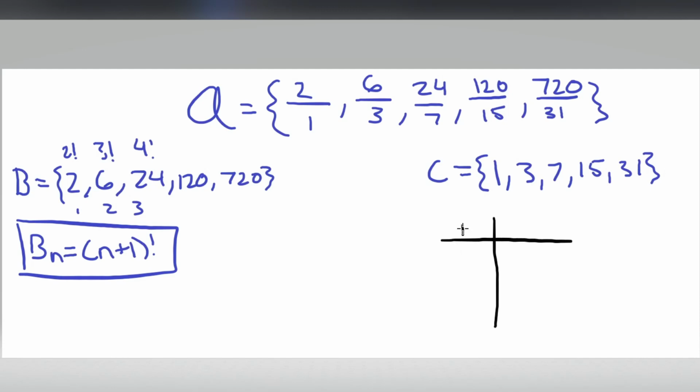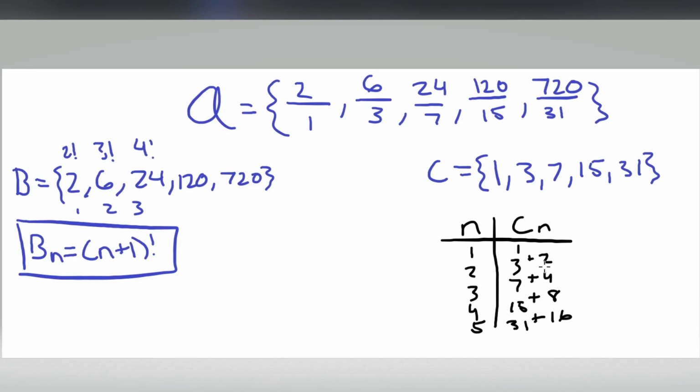So we're going to write out our table here because I don't see any clear-cut pattern. 1, 2, 3, 4, 5, and 1, 3, 7, 15, 31. Let's do some addition. Plus 2, plus 4, plus 8, plus 16. I thought this would be adding just by 2 each time, but it's not.